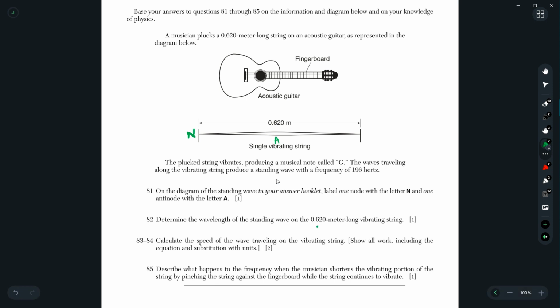So the wavelength is actually 1.24 meters, because you see half of the wave shape in 0.62 meters, so I need to double it to find the whole wavelength. What is the speed of the wave on the string? Well, I know that the frequency is this. So velocity is frequency times wavelength.